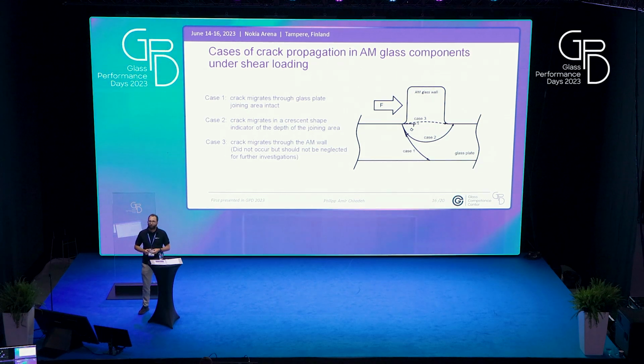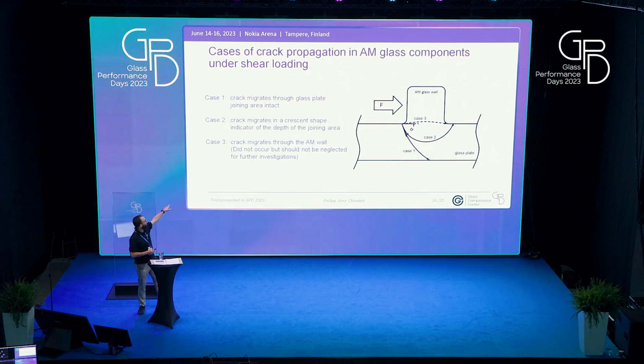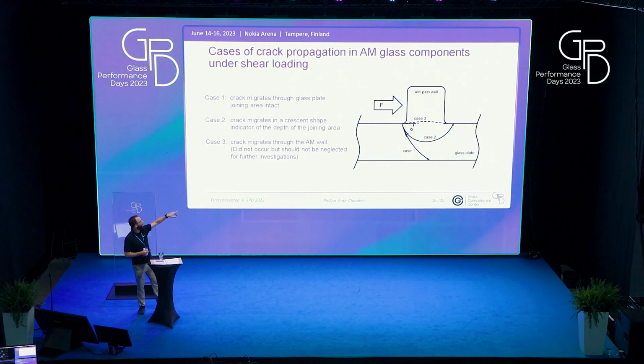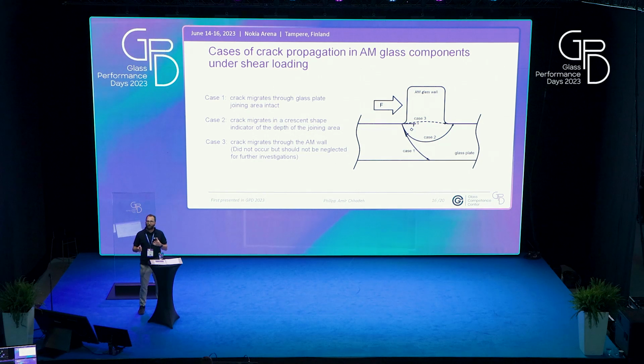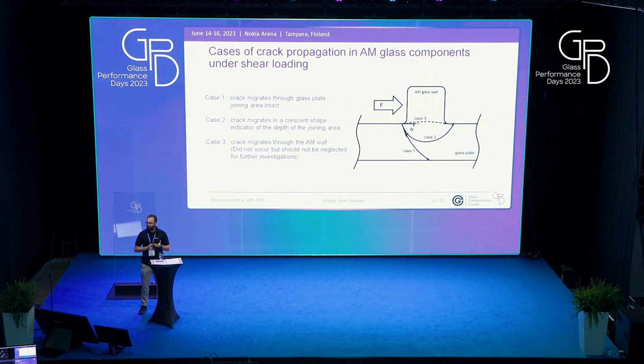We have two cases which occurred, case 1 and 2. Case 3 didn't occur, but we cannot neglect this failure pattern since we have such a small sample amount. But I would like to talk a bit more about case 1 and 2.